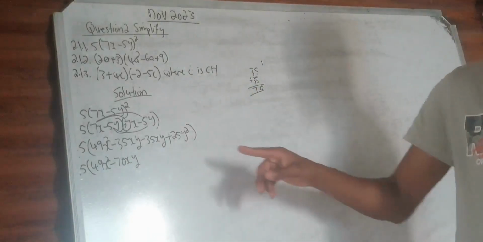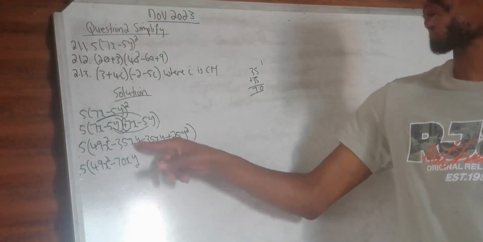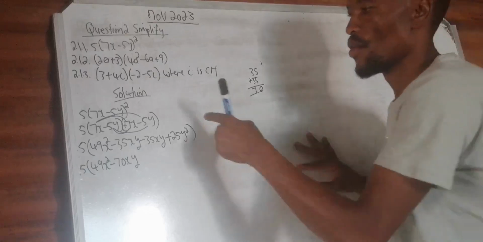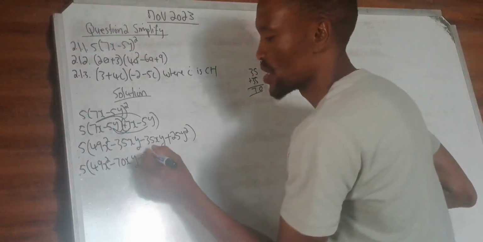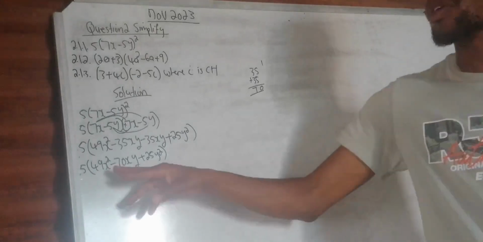Please don't forget that. Minus 35 minus 35 is minus 70xy, also plus 25y squared. Now you cannot simplify what is inside the brackets any further.